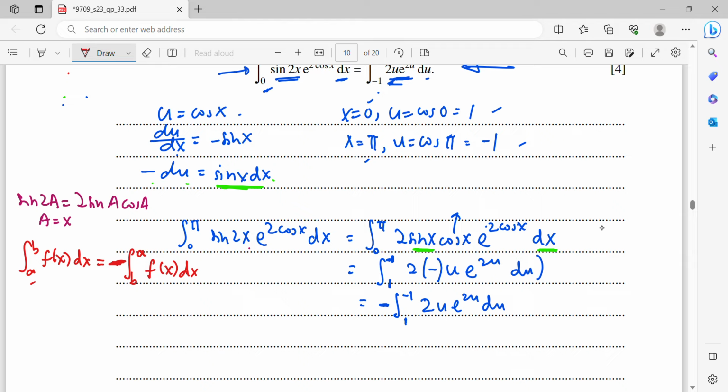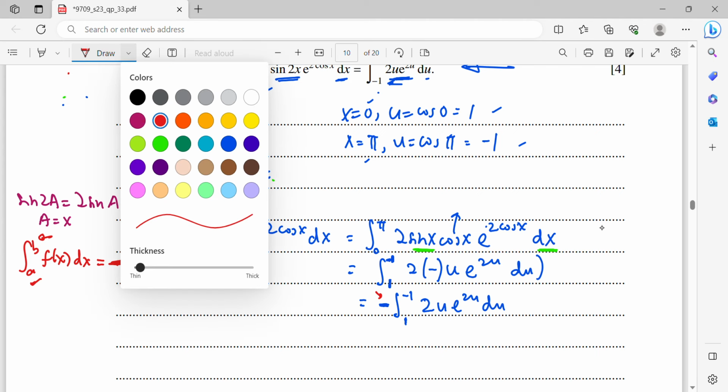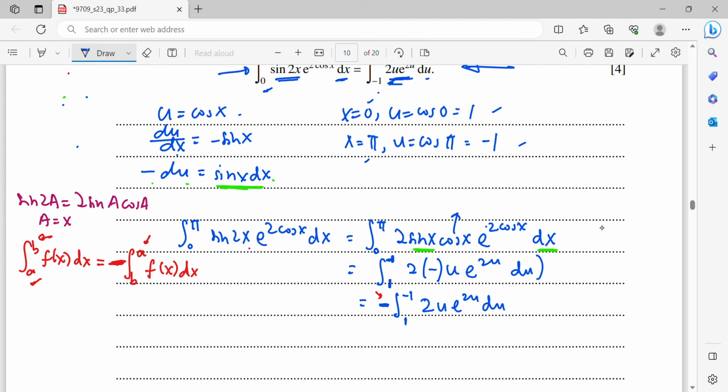After you've taken out the minus, the lower limit becomes the upper limit, and the original upper limit becomes the lower limit. So now I have the minus over here, which means I can interchange my limits, and I will be getting minus 1 to 1, 2u e to 2u du. Okay, so this is the working to show the integration in terms of u.